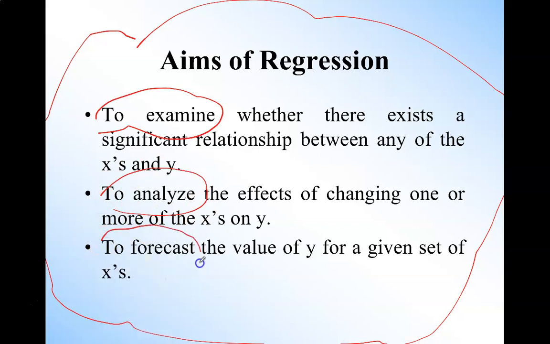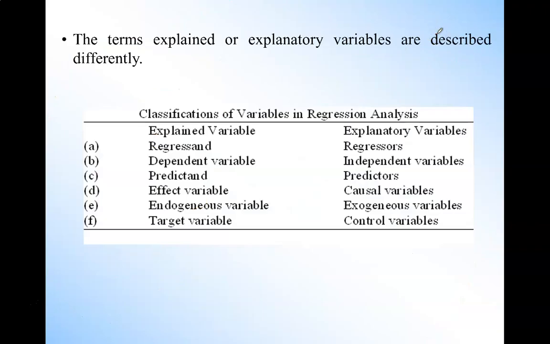So you have three objectives already, and it can be put under research method too: to examine certain variables towards other variables, to analyze the effect of x towards y, to forecast the value of y for a given set of x. The x and y here can be your specific variables. So it can be a very good objective, not just the aim of regression. Think about it.